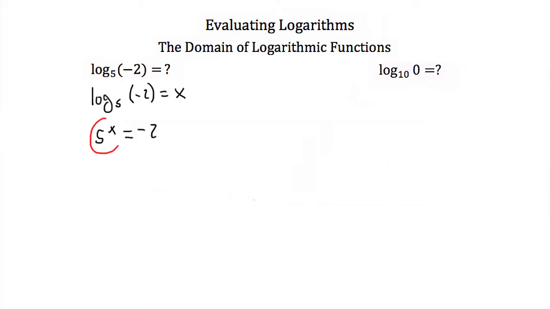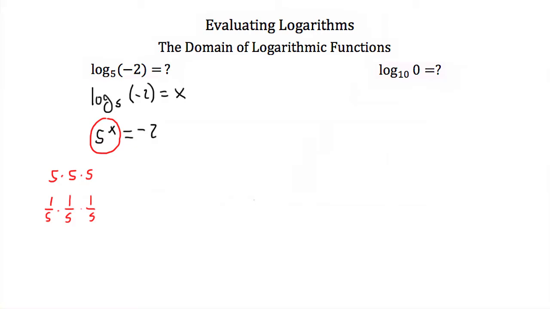Here we have 5 to the x. This is the same as 5 times 5 times 5, x amount of times. If x was negative, this would be 1/5 times 1/5 times 1/5, a negative x amount of times. But either way, we're always multiplying a positive number by a positive number.